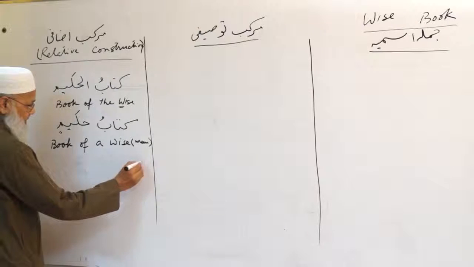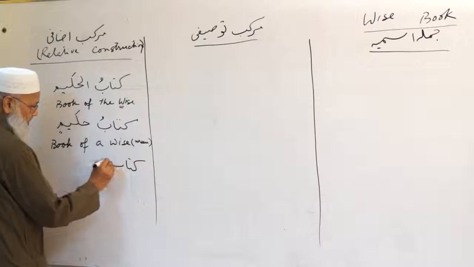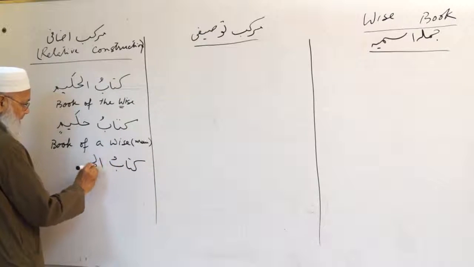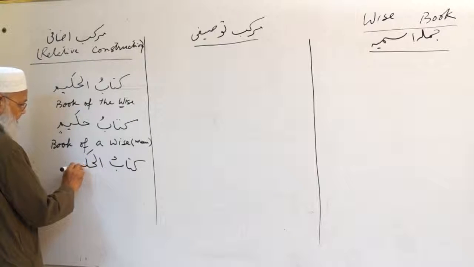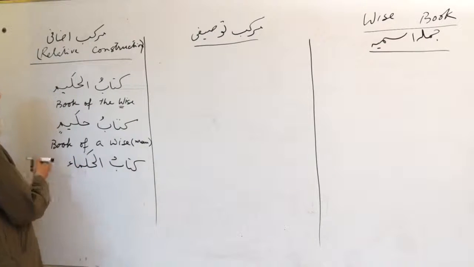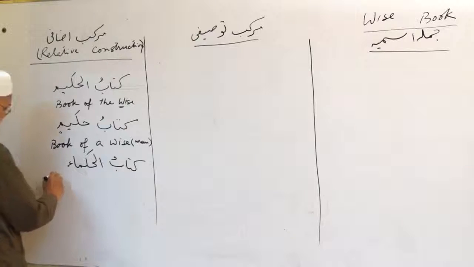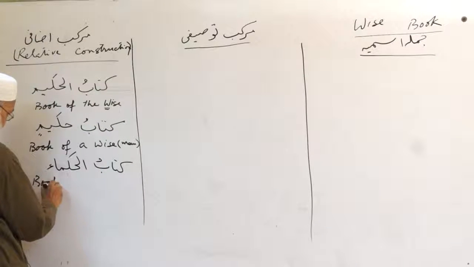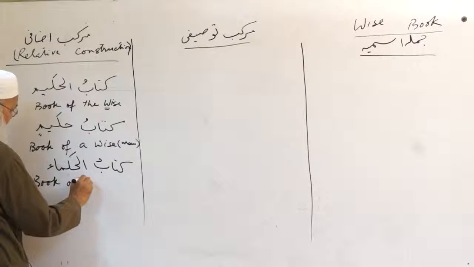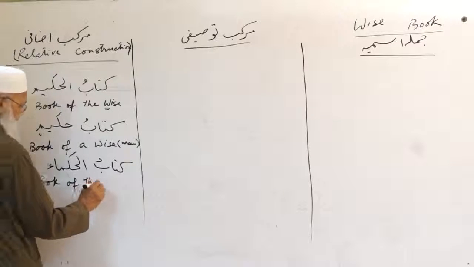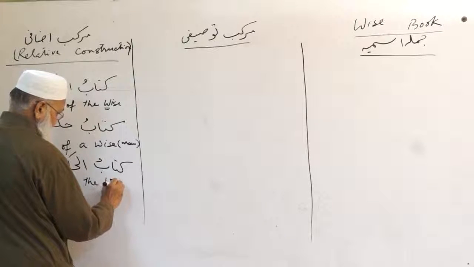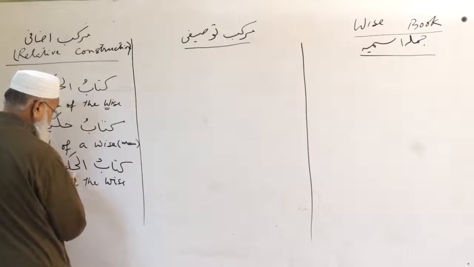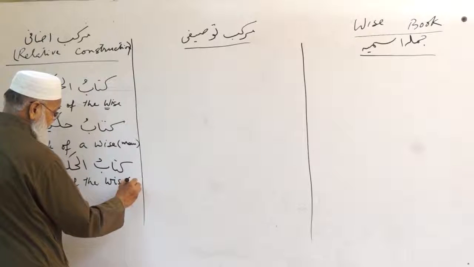Then Kitabul Hukamai, it's the plural of Hakim, book of the wise people. Since it's plural, then in bracket put down people.